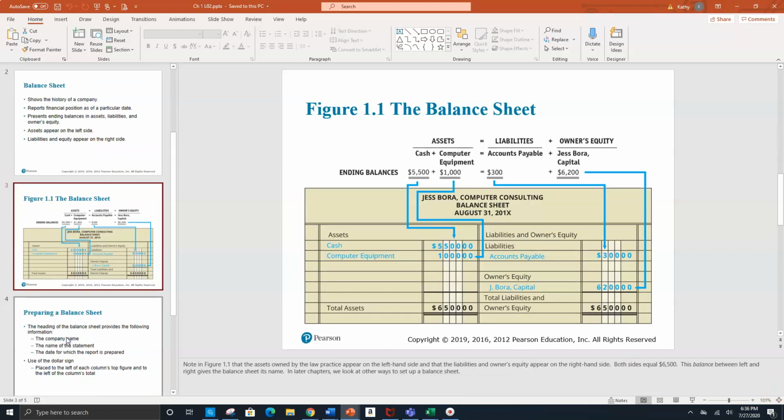Okay, the balance sheet. So we've got our accounting equation up here. Assets equals liabilities plus owner's equity. The heading right up here is very important. It's the name of the company, Just for Computer Consulting, the title of the report, balance sheet, and then as of a particular date, August 31st, 2000-X.